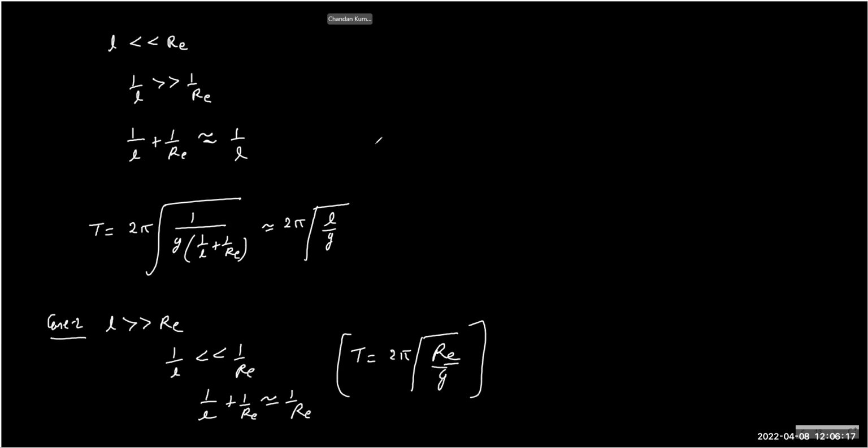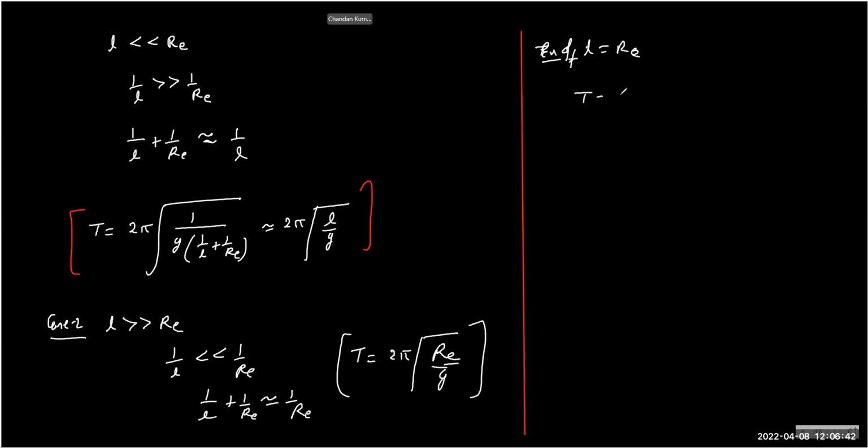So these are two extreme situations. For any problem, let's say we have a pendulum of length equal to RE. If the length of the pendulum is equal to the radius of Earth itself, then the time period will be 2 pi under root 1 by G into 1 by RE plus 1 by RE, right?